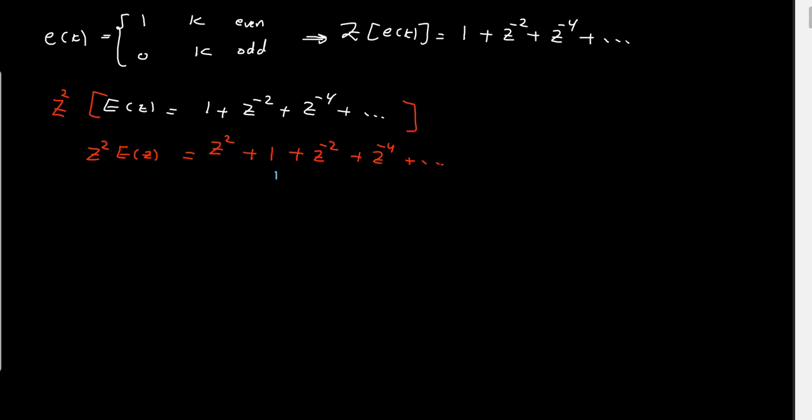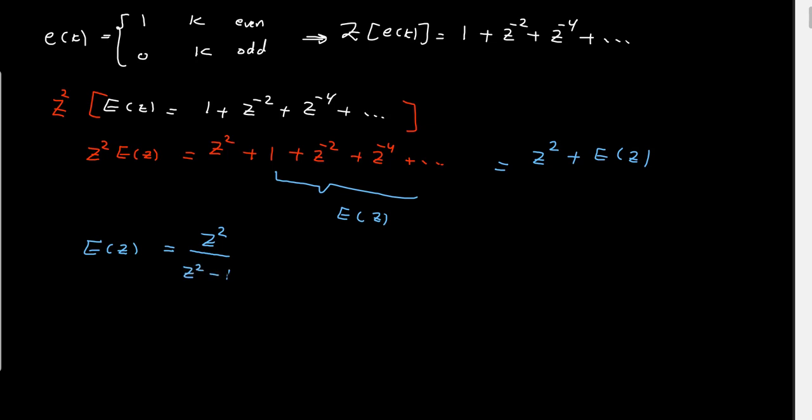Now this one actually is E(z). So now this can be written as z^2 plus E(z), so E(z) will equal z^2 over z^2 minus 1.